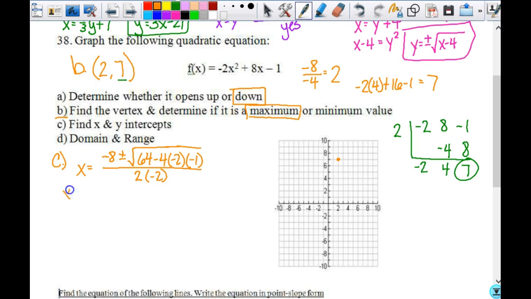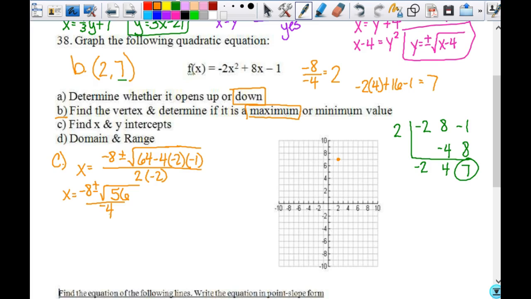So that gives me that x equals negative 8 plus or minus the square root of 64 minus, it's going to be a negative 8. I'm sorry, that multiplies together to get a positive 8 times a negative 1 gives me a negative 8. So 64 minus 8 is 56 over negative 4.